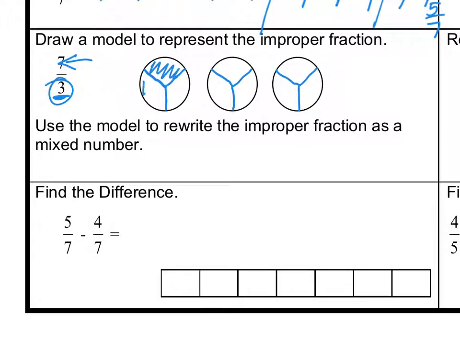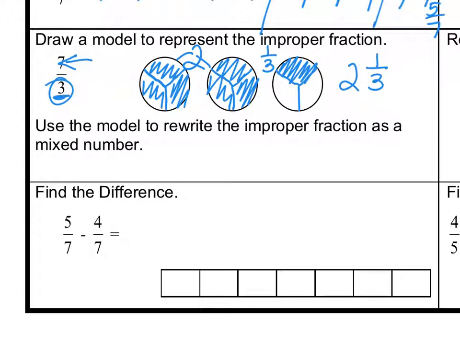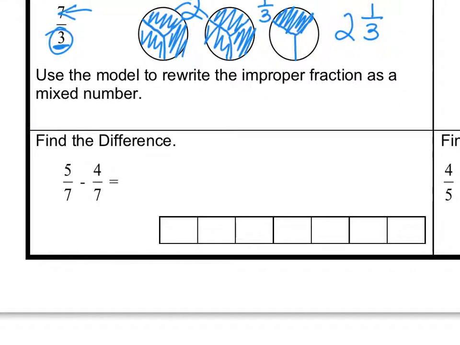So if I color in 3, 4, 5, 6, 7. There we have 7 thirds. Now it's a piece of cake to see that, look, we've got 2 as our whole number, and we've got 1/3 of another one. So we have 2 wholes plus 1/3 of another one, 2 and 1/3. And that is our mixed number.